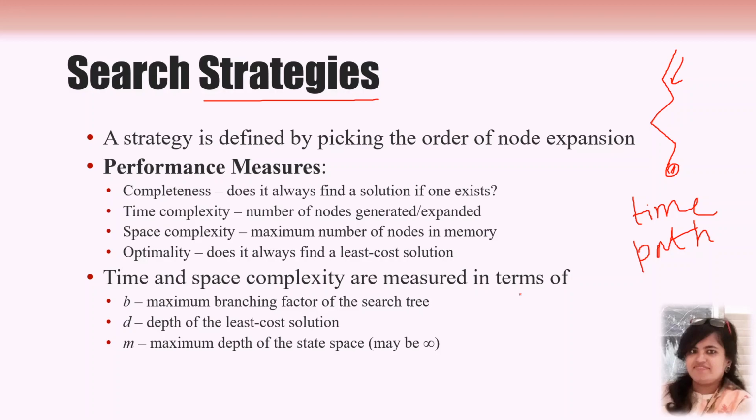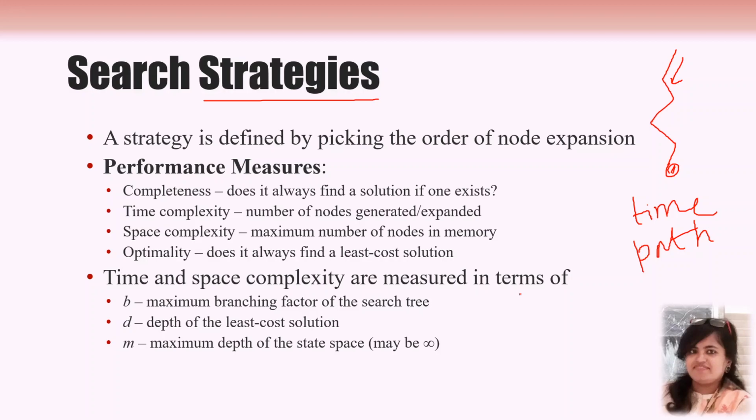Now to design the search strategy, there are different performance measures. Based on the performance measure, we can say this particular search strategy is better than the others. There are basically 4 parameters to measure the performance. First one is completeness. What is completeness?